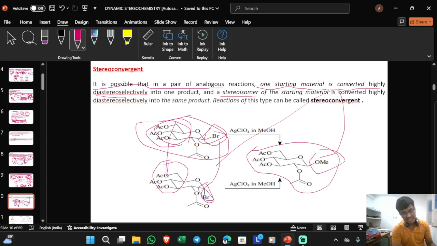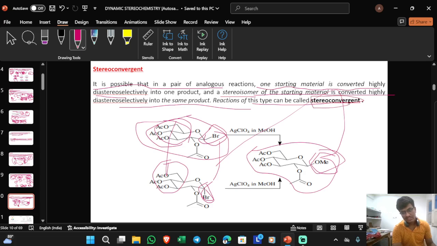Then these two are different but created as one major product. Then this isomeric starting material is converted highly diastereoselectively into the same product. This type can be called stereoconvergent.